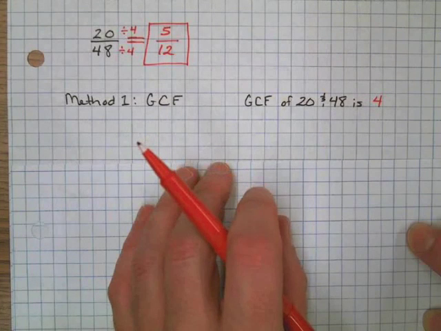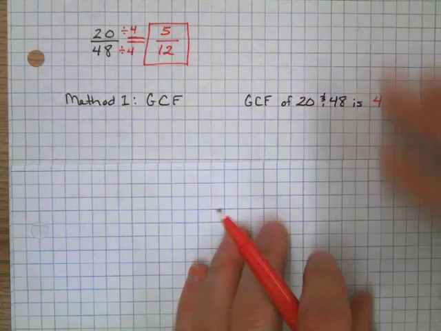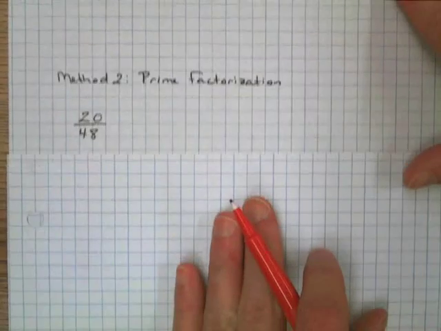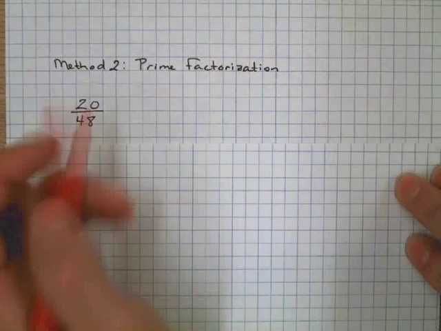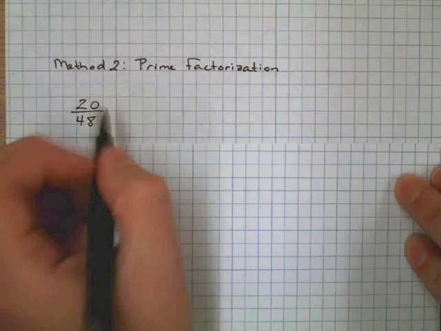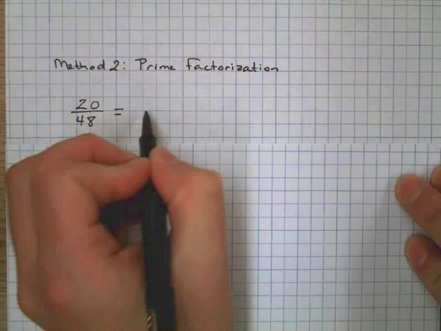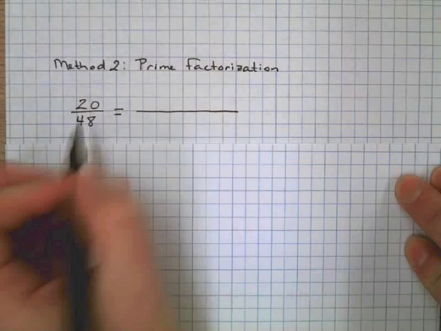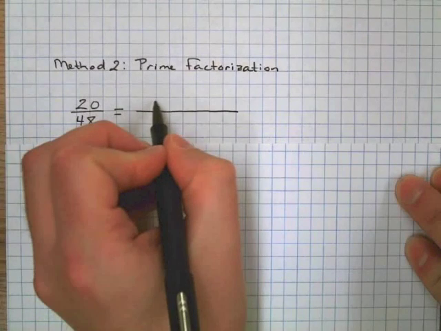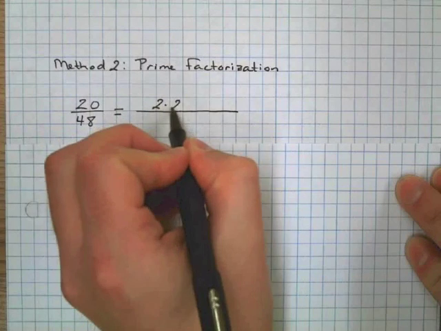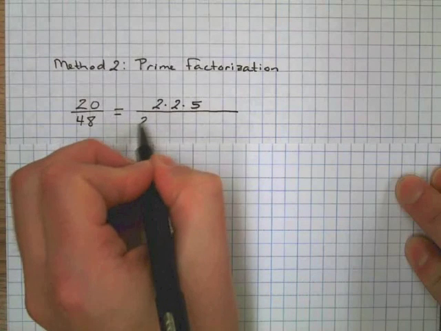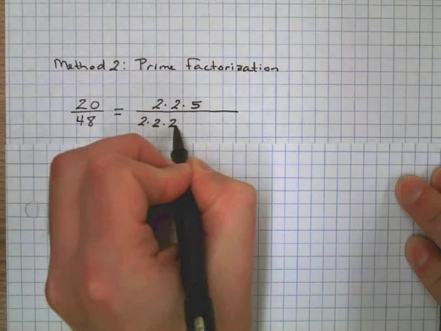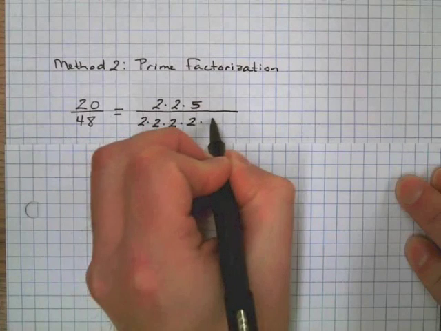Now that's not the only method that we could use to find the simplest form for this fraction. We could also use prime factorization. The prime factorization of 20 is 2 times 2 times 5. And the prime factorization of 48 is 2 times 2 times 2 times 2 times 3.